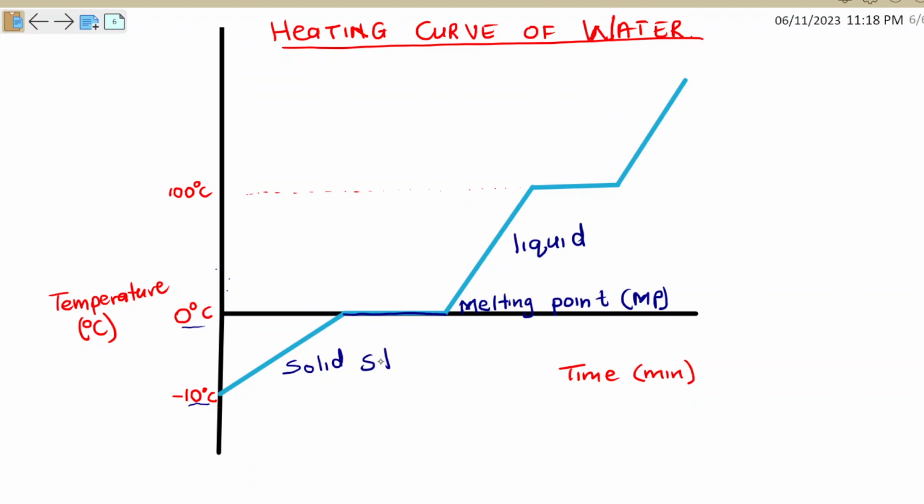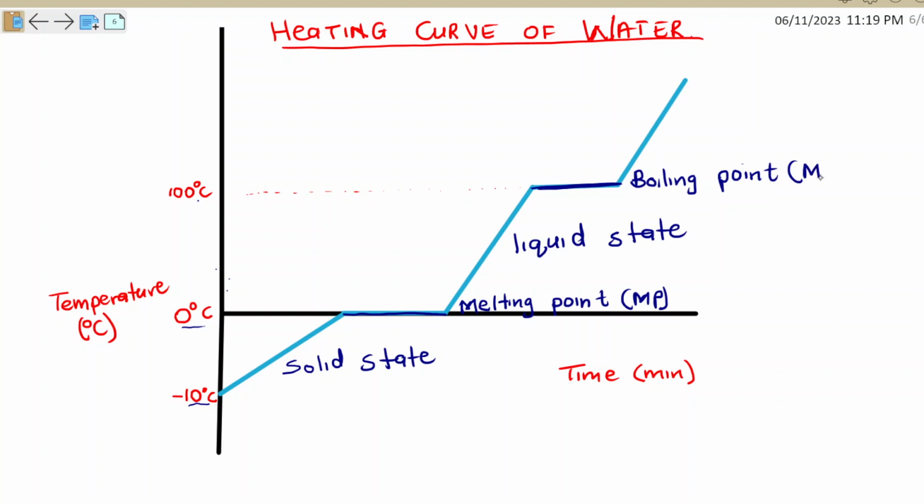So I'm going to say solid state, liquid state, up until the temperature reaches this point. Now at this point, that point is 100 Celsius degrees. We call this point the boiling point because the water is boiling at that state.